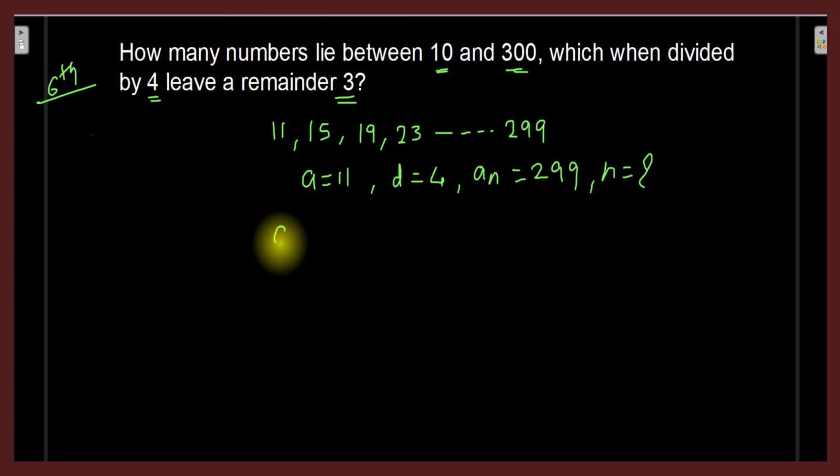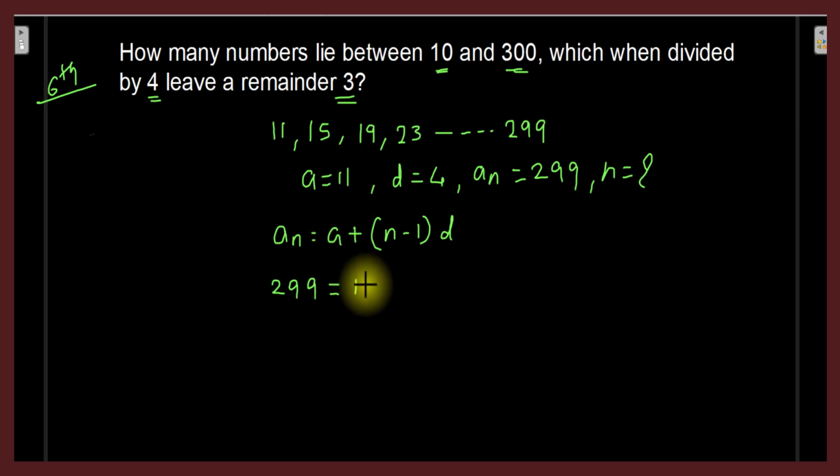Here we know the formula that an, the last term, is equal to a plus (n minus 1) into d. Here we know d, we know a, and we know an. We can find the value of n. So put these values. An is 299, which is equal to a, 11, plus (n minus 1) into d, and d is 4.